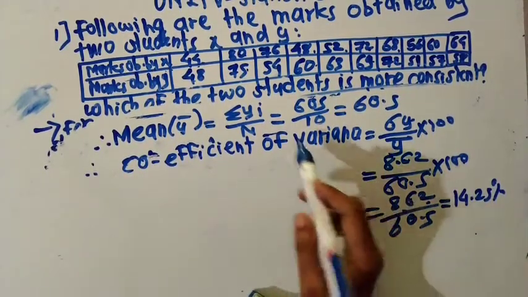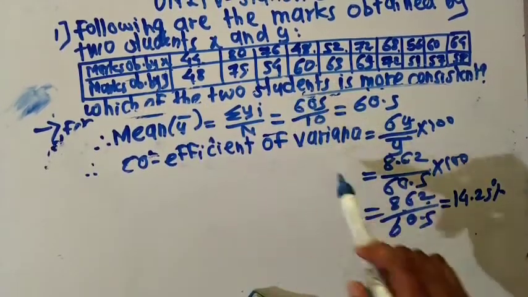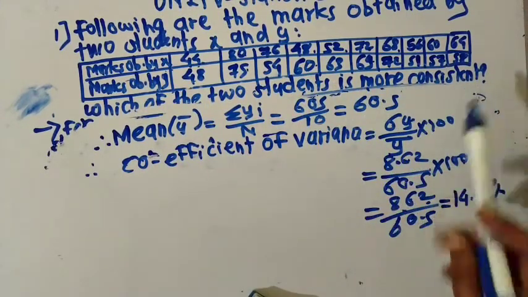So how to find out which of the two students is more consistent?